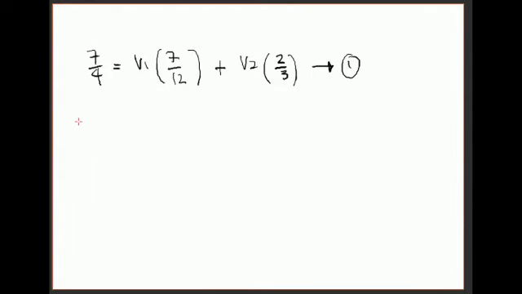And then apply KVL at the supernode. We have minus V1, since V1 is directly connected at the negative terminal of the 3-volt source, plus V2, which is equal to 3 volts.